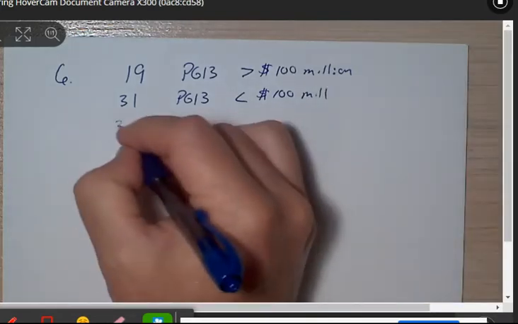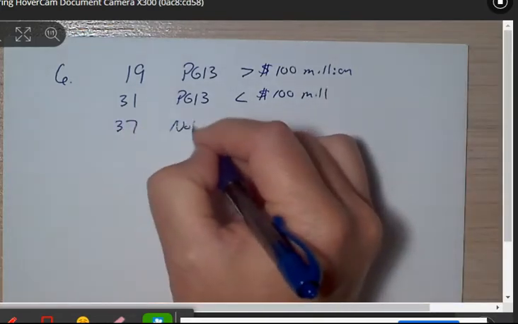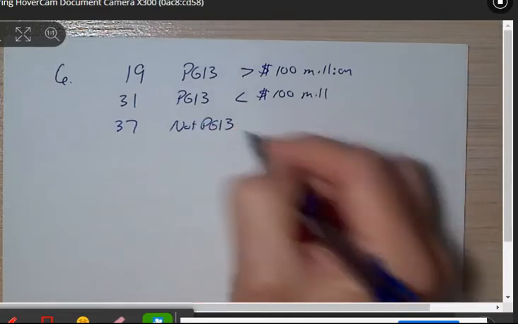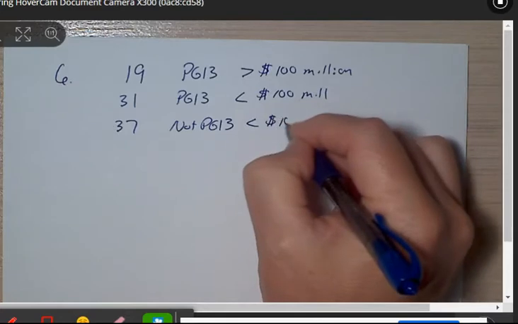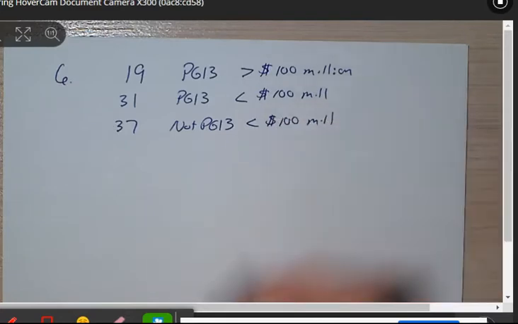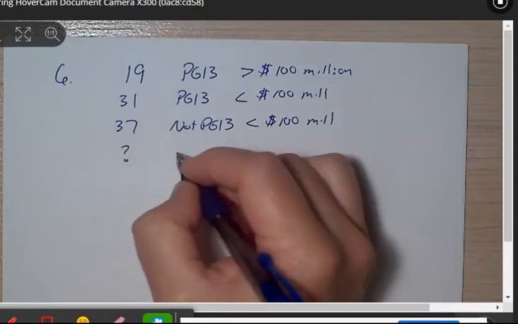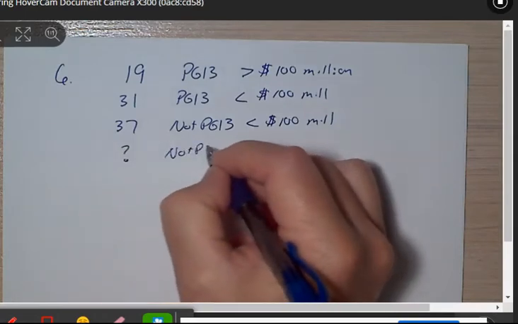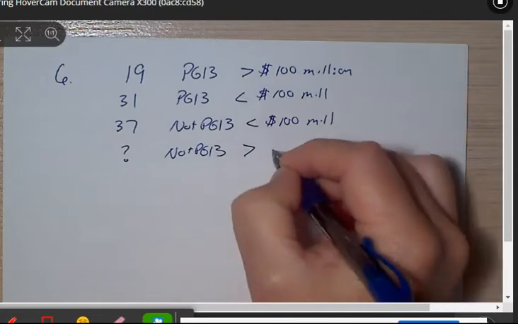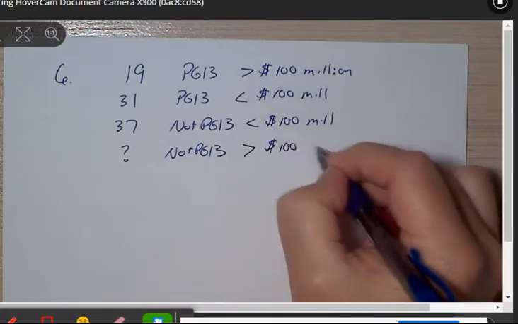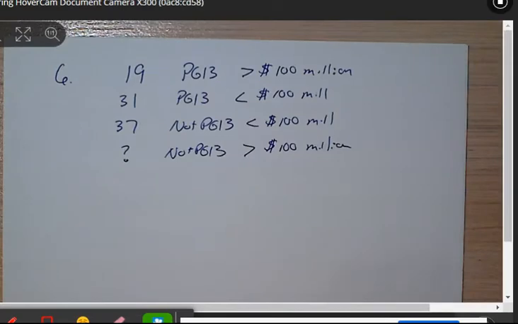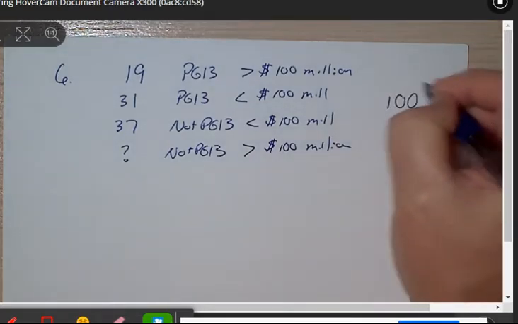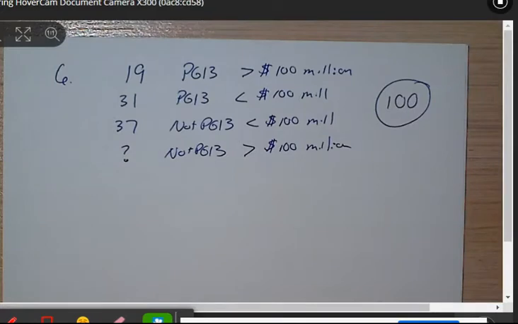There were 37 that were not PG-13 that made less than 100 million. And then they said, find out how many movies were not PG-13 that made more than $100 million, given that there were 100 movies total that were being compared.